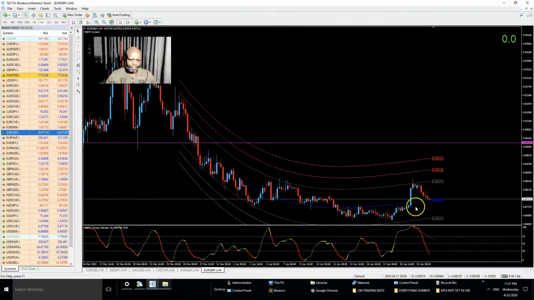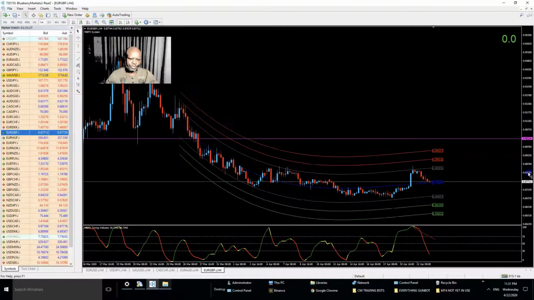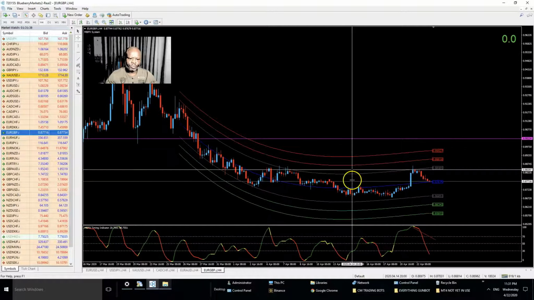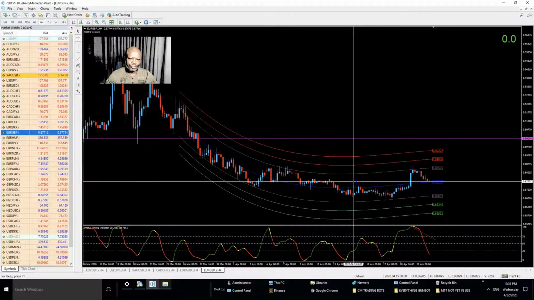So this is Euro GBP. This looks like it's going to turn at some point because we had this first push up, okay, and then we have a retracement going into this level here, which is something else I teach a lot in my mentoring program.